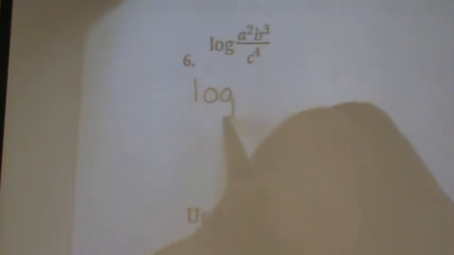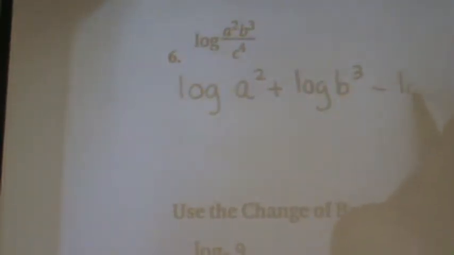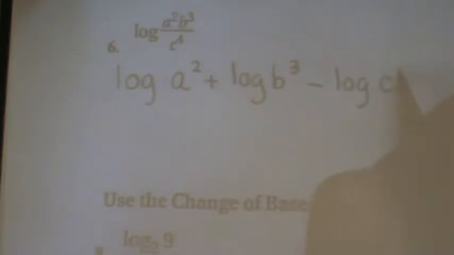How about 6? Expand this one. We've got a product on top and a quotient. So if we expand it first as the log of a squared plus the log of b cubed, and then minus the log of c to the 4.